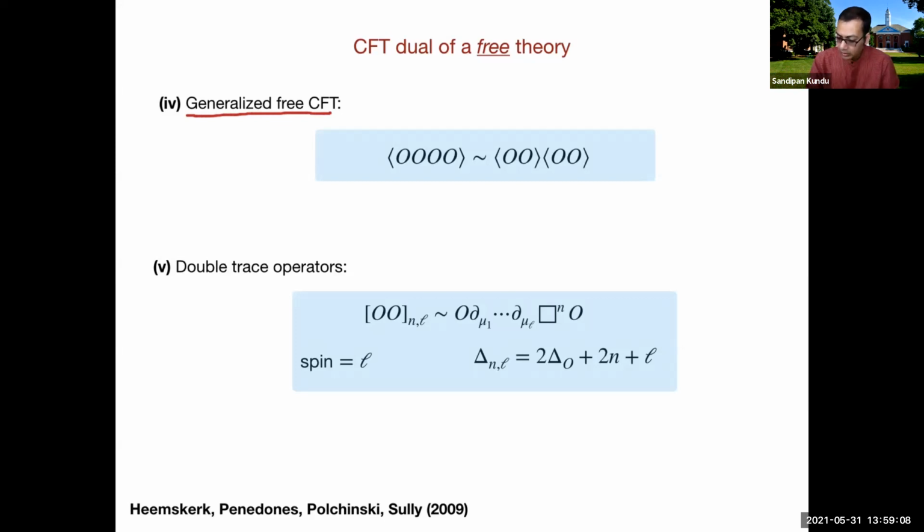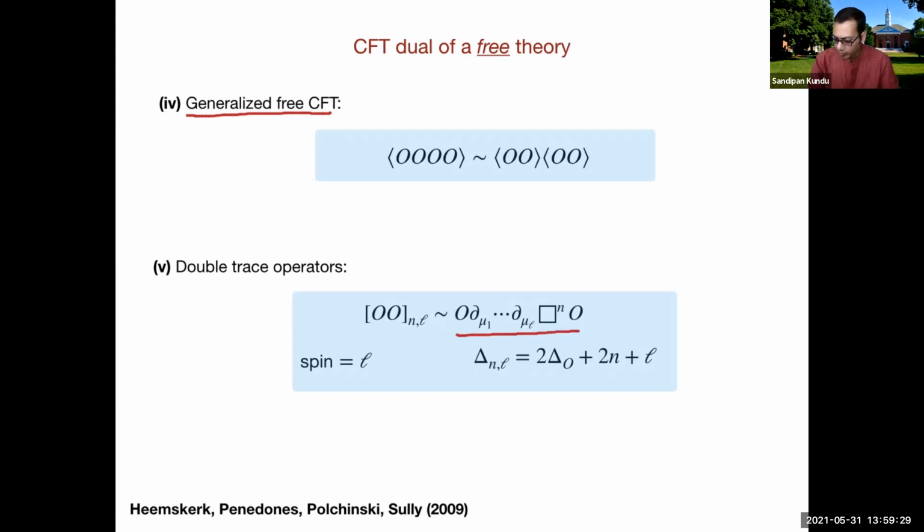Also, there is something really interesting. Even though we started with a single primary scalar operator, just from the crossing relation, one can show that there have to be other composite primary operators, which have this particular form.